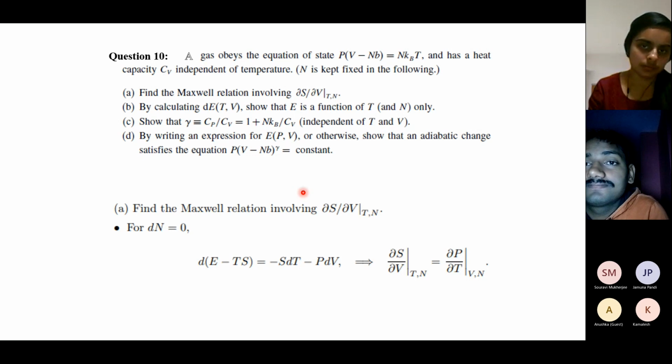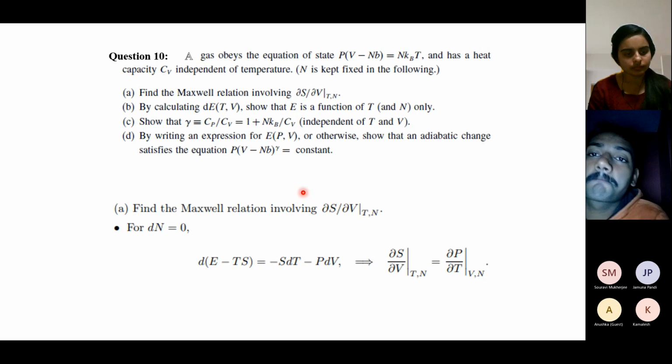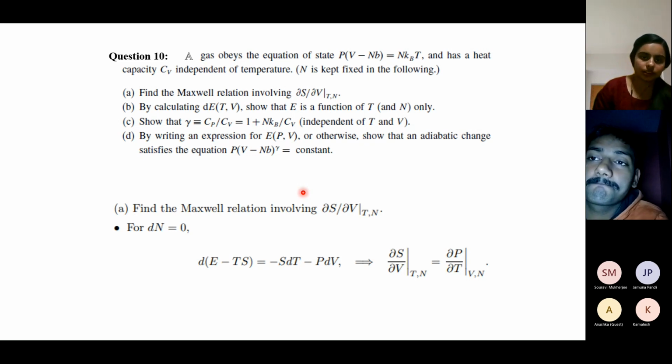That's the question now. To use the TDS equation.